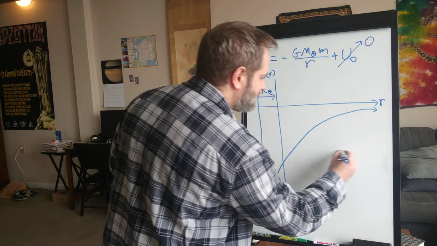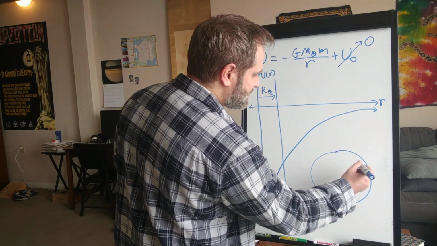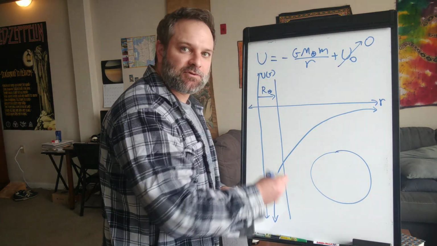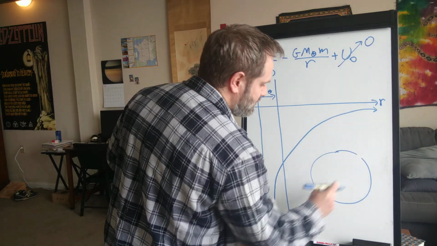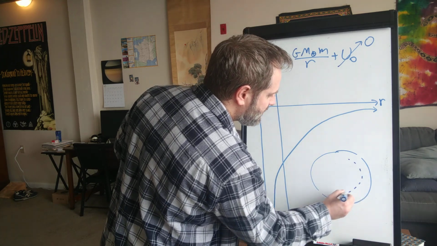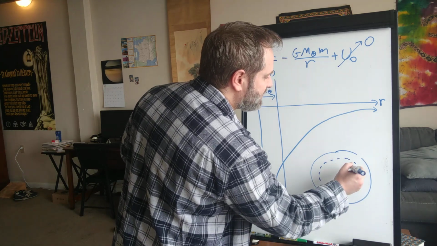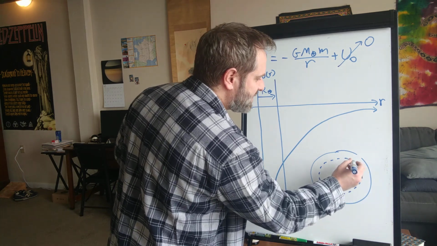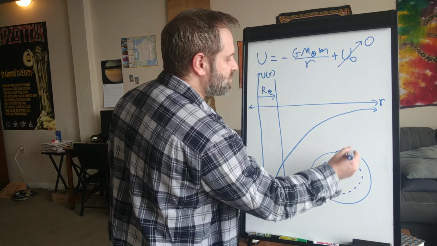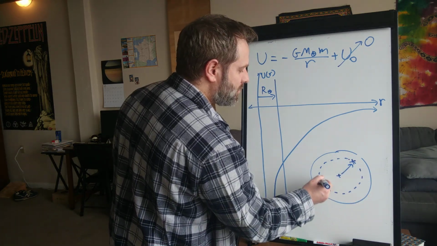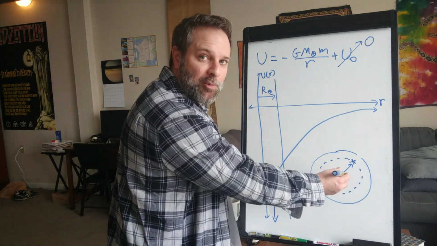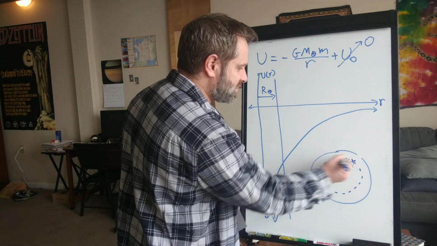If I were to draw something like this, and I won't prove this, but it can be proven fairly straightforwardly, I believe it's in the book. So I drill this hole through the Earth. The matter that gravitationally affects me is only that matter which is where I am or below me, essentially, in this spherical shell.